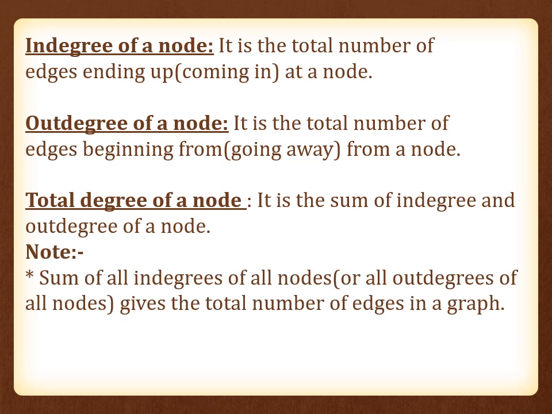Note, the sum of all in degrees of all nodes gives the total number of edges in a graph, or the sum of the out degrees of all the nodes gives the total number of edges in a graph.